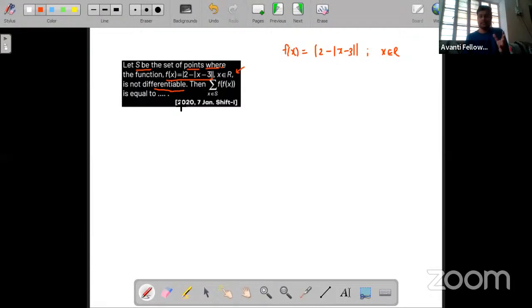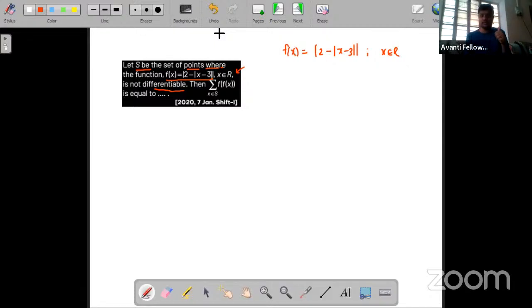Not differentiable. So what does that mean? Differentiability we have learned, along with continuity. A function can be differentiable only if it is continuous; then we can talk about its differentiability, right? And if the function is not even continuous, then clearly at that particular point the function will not be differentiable.